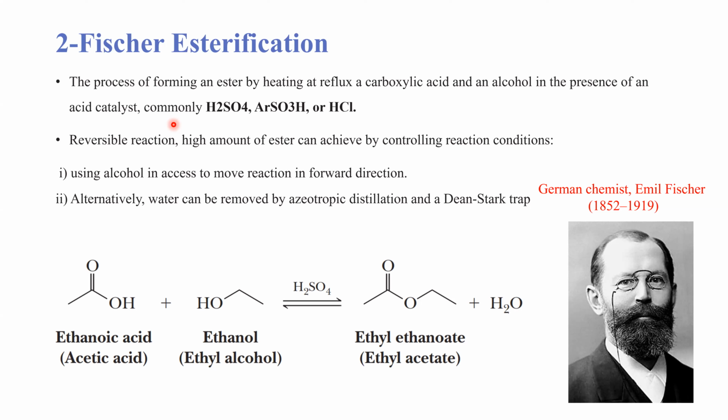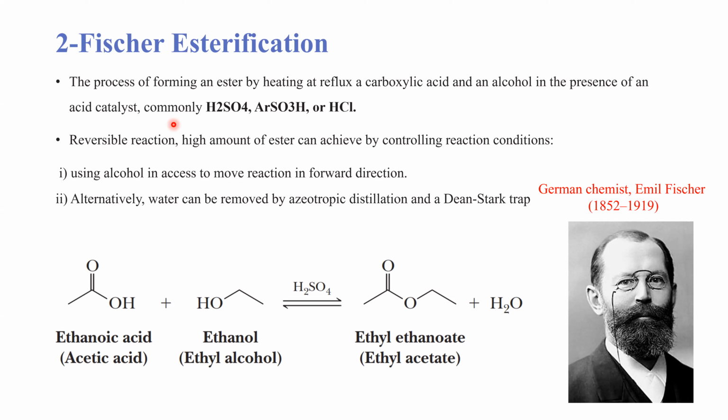So when we say this is a reversible reaction, there are equal chances of the product going back into its starting form. So we can control the direction if we want the maximum yield of that ester, or to convert a higher amount of the carboxylic acid into the ester.